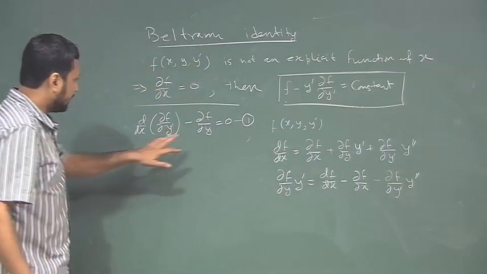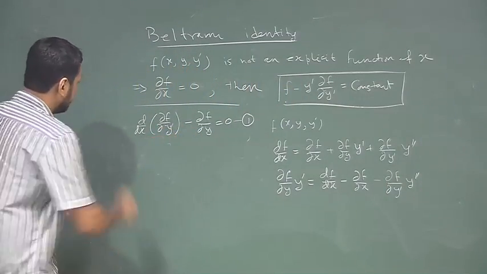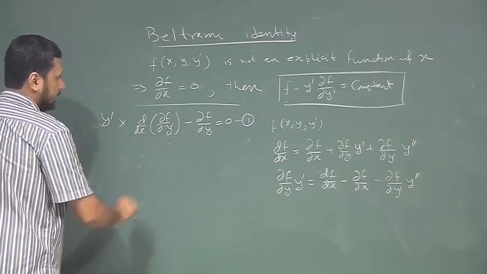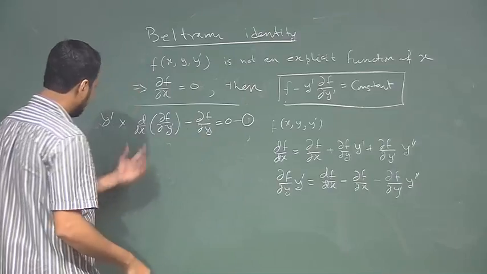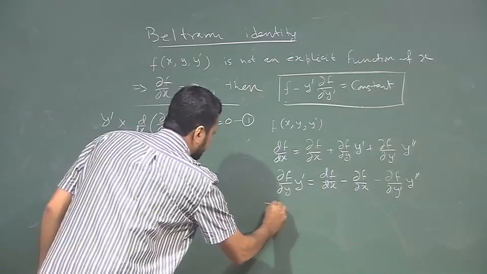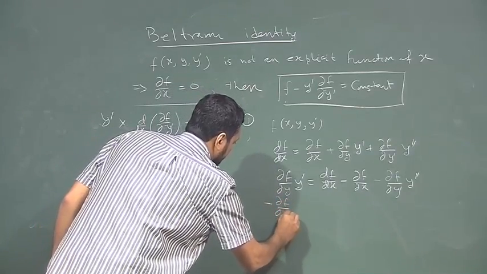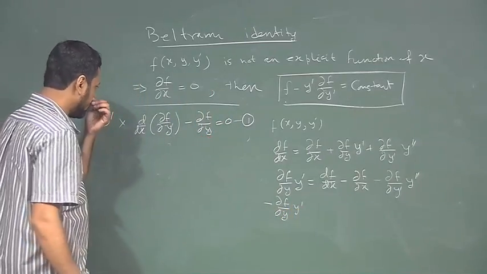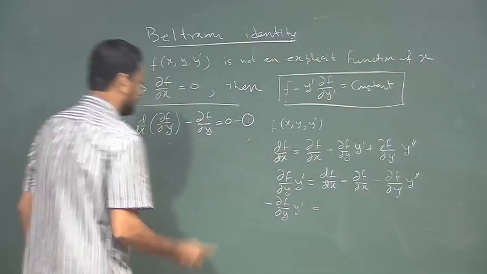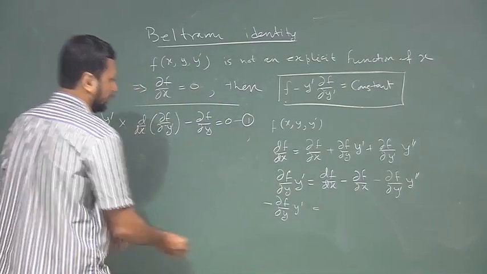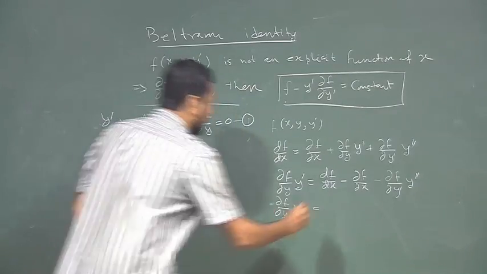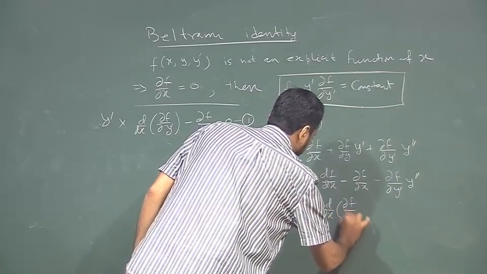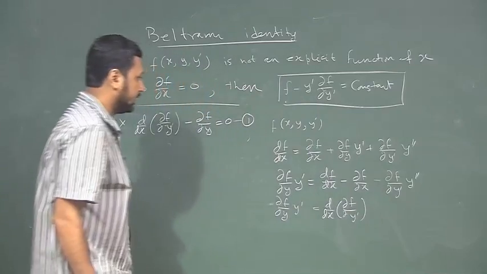Now, what we can do is multiply this with y' and write it down here. So, it will be minus ∂f/∂y y'. I am writing this term first. Changing sides, it will be d/dx of ∂f/∂y'.